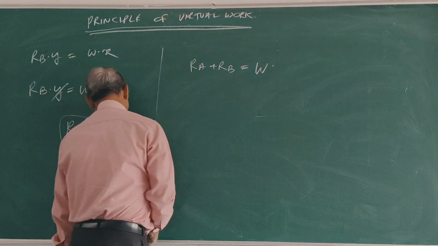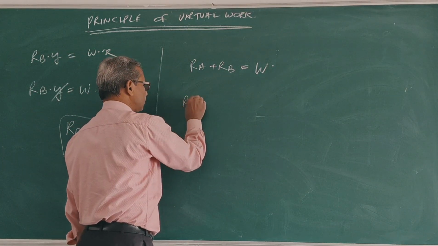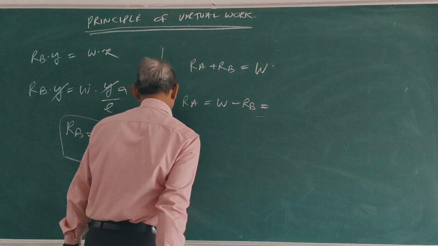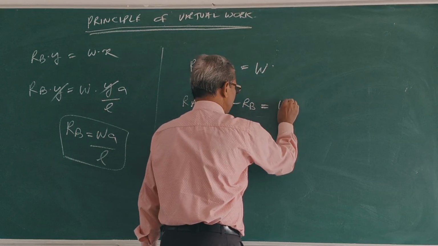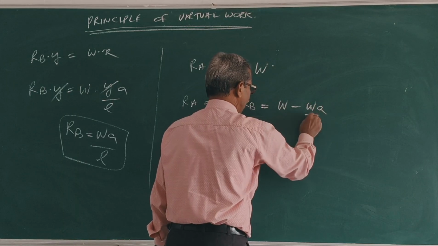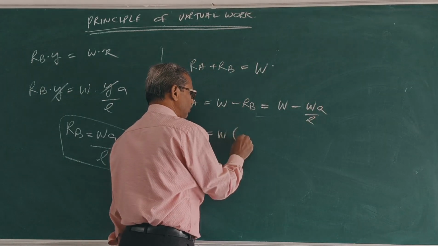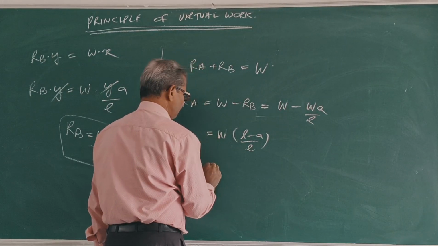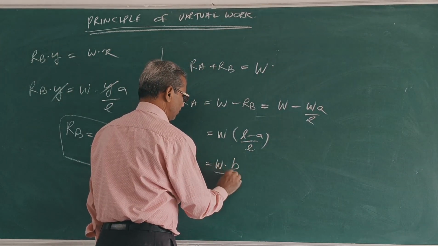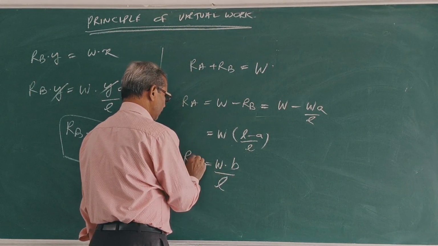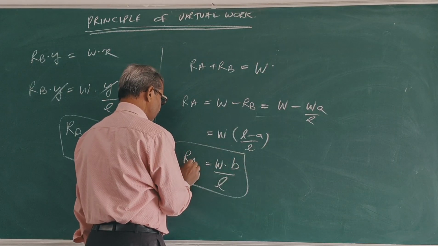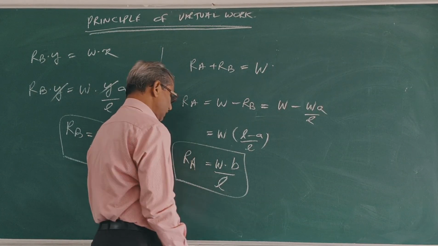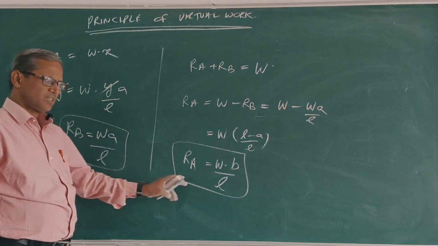So RA is equal to W minus RB, so W minus W A by L, so W into (L minus A) by L. What is L minus A? B. So RA is W B by L. Clear? This is RA, this is RB.